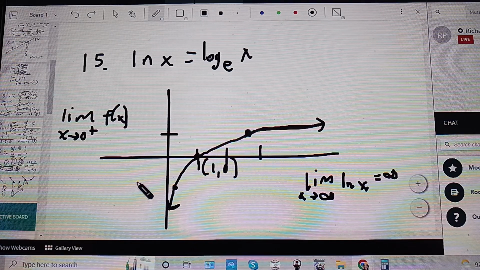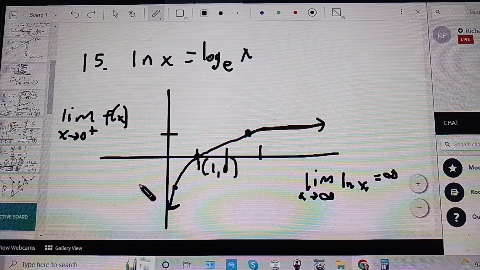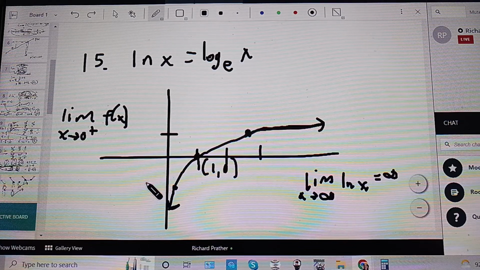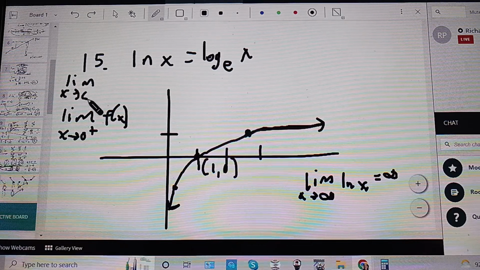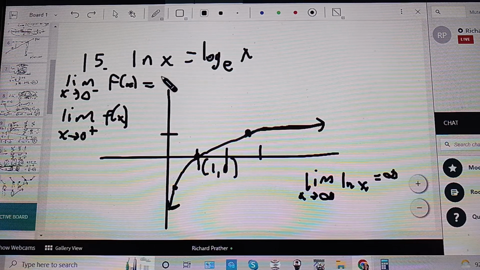So a one-sided limit can have an answer or not have an answer the same way a two-sided limit might not have an answer. And really, I can't do the left-sided limit here. The left-sided limit to this problem is going to automatically be does not exist because the log graph doesn't exist over there.